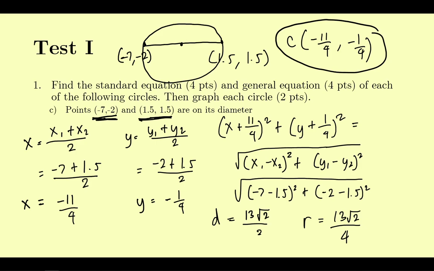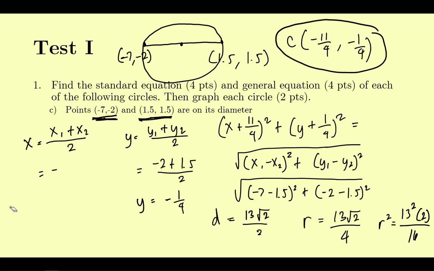R squared is equal to 13 squared multiplied by square root of 2 raised to 2, or simply 2 na lang, all over 4 times 4, which is 16. So, ito yung magiging sagot niyan. 13 squared times 2 over 16. This one, I'm trying to maximize the space, pero sige, magbura na lang tayo sa kabila.